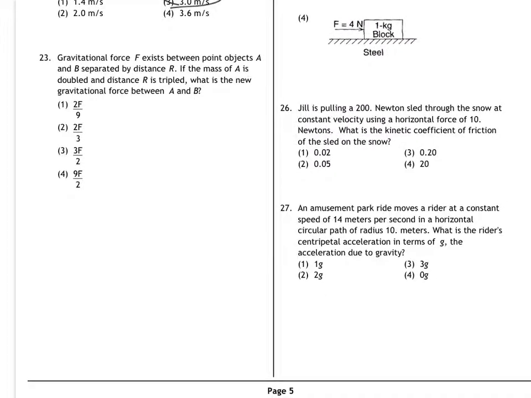So to do number 23, we have gravitational force F between objects A and B separated by distance r, and we are going to double mass A and triple r. They want to know the new gravitational force between A and B. This question is best solved using the universal equation for gravitation.